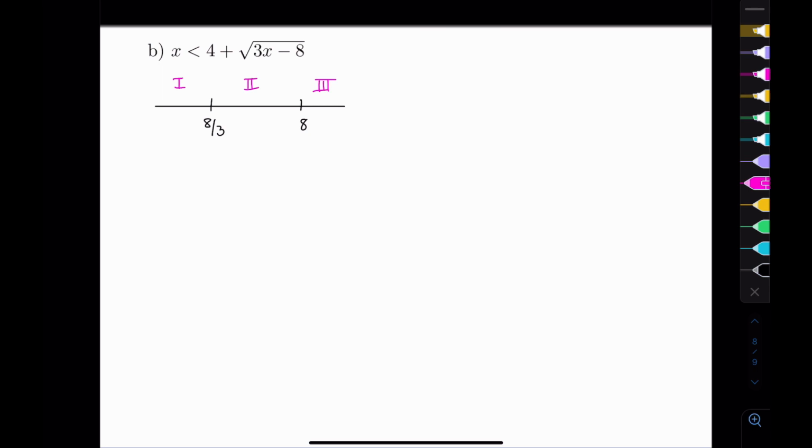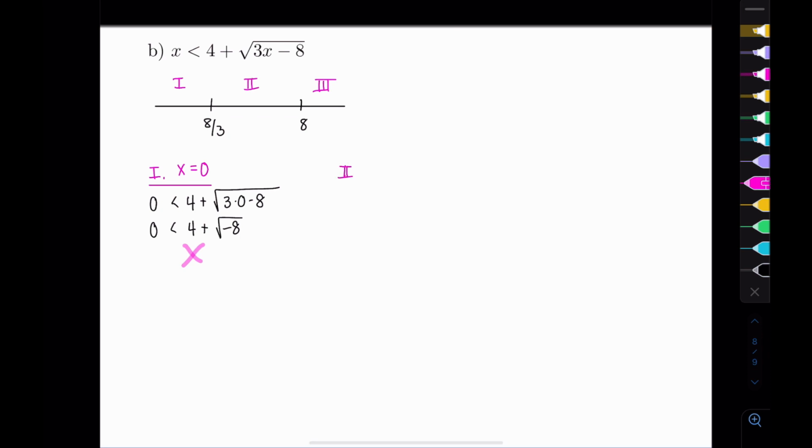So from here, if I try to plug something in interval 1, again, this is not going to work out, but we can plug in x equals 0. We get 0 is less than 4 plus the square root of 3 times 0 minus 8, which gives us 0 is less than 4 plus the square root of negative 8. So this still does not make sense.